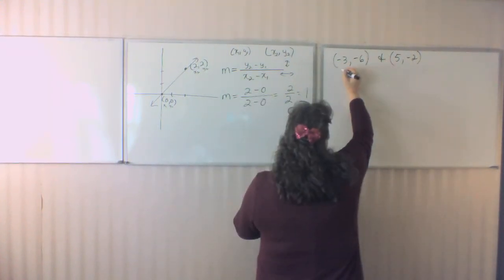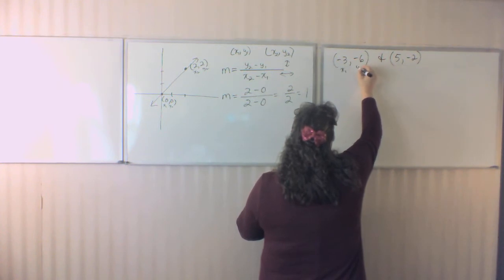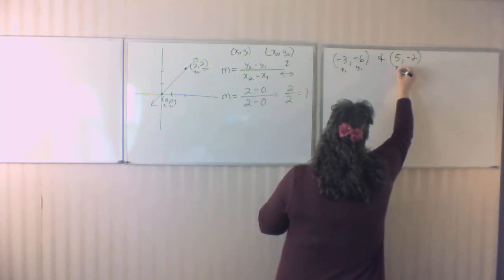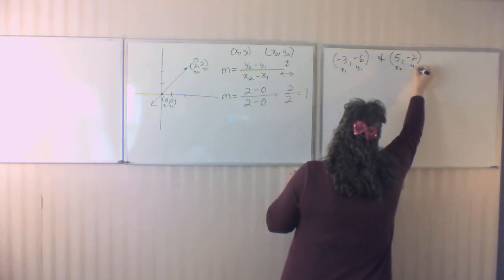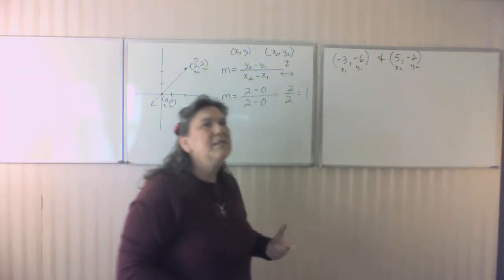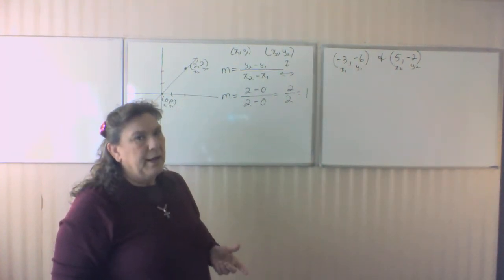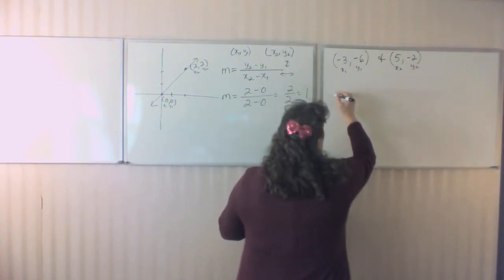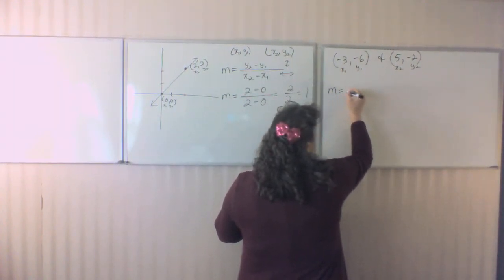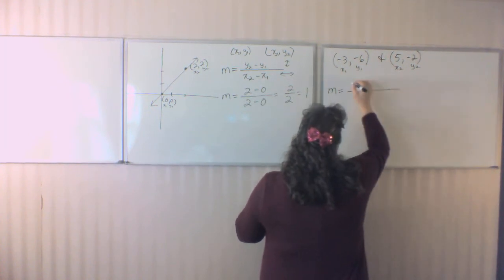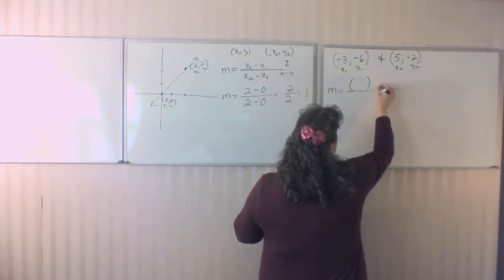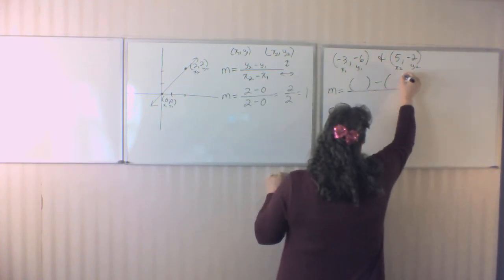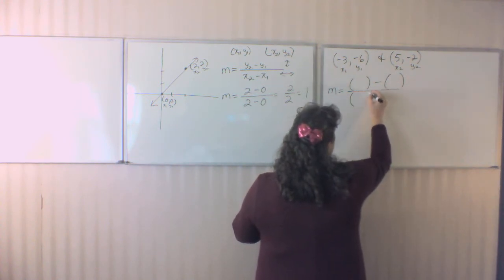Now, this one is going to be X sub 1, Y sub 1, X sub 2, Y sub 2. Notice I've got some negative signs here. And to prevent losing those negative signs, I am going to actually put my formula down with parentheses to slip the numbers into, so I don't lose my negative signs.